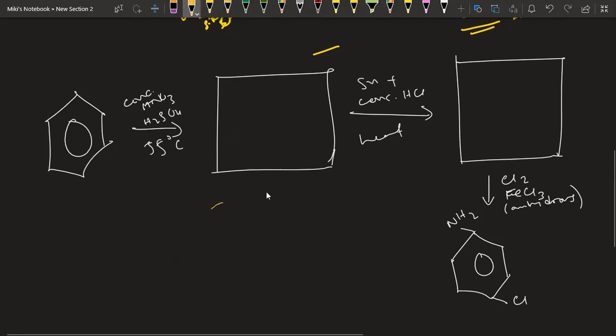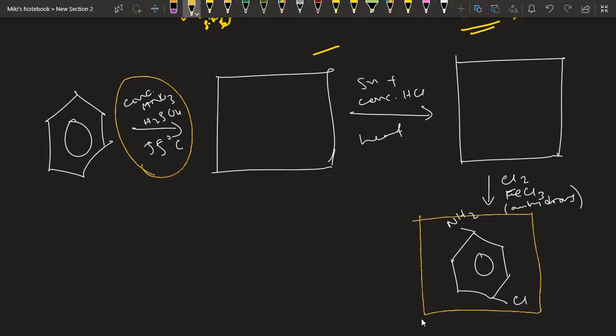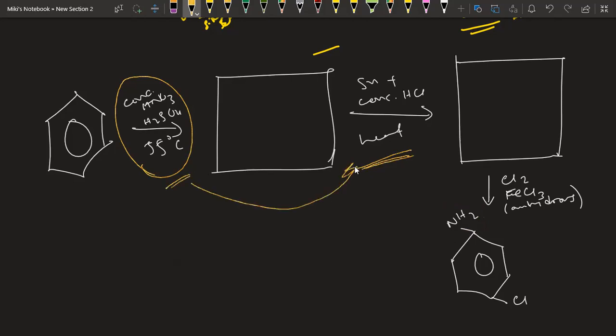Okay, so here, what is happening at first? This is a benzene ring, and we can see this is the condition for nitration of benzene, isn't it? And we can take help from one of the products being given here, which is the amine group over here. And we can see this reaction is what? After nitration of benzene, in this step, what do we do?